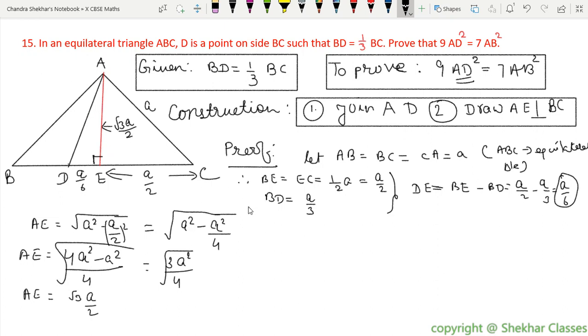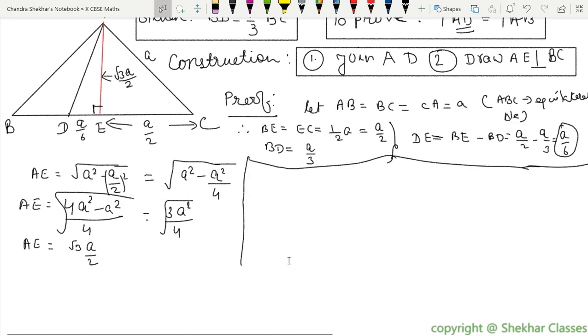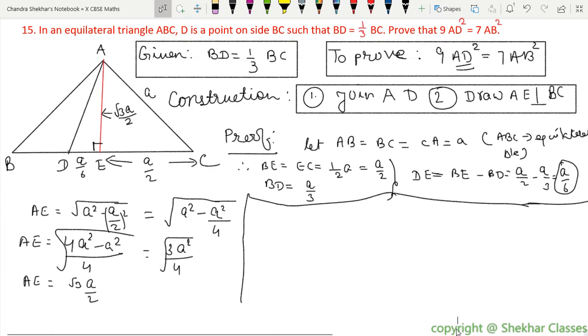Now after which, I need to prove the final thing here. We will take the triangle ADE, so I will write it here.